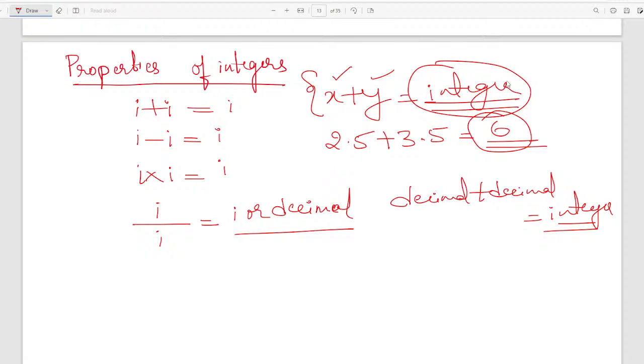But you cannot say that if the result is an integer, then the components will also be integers. I hope this is understood till now. Is it clear? Can I move to the next part?